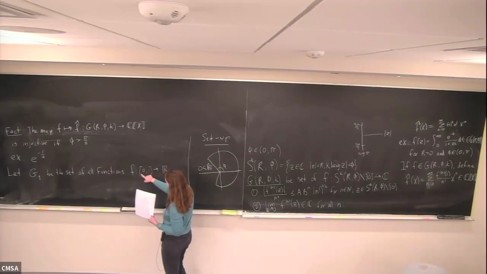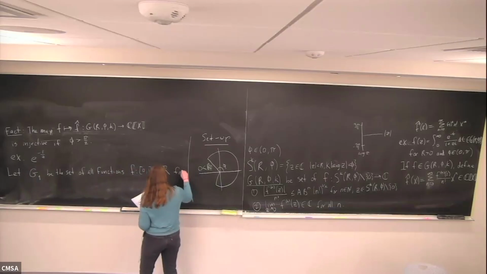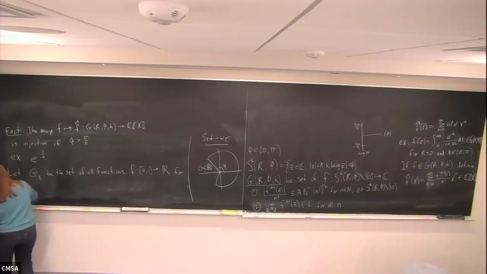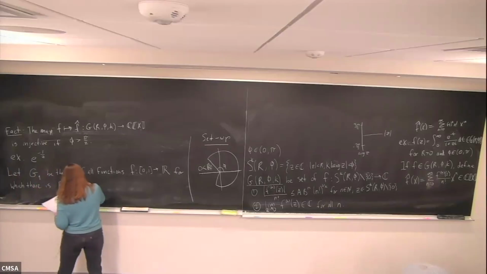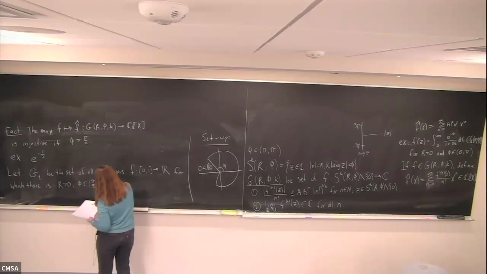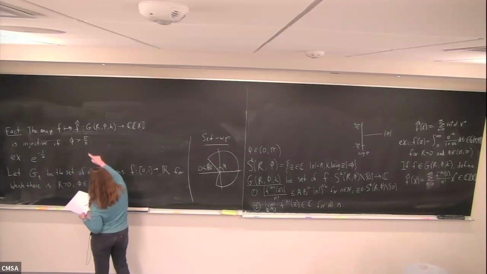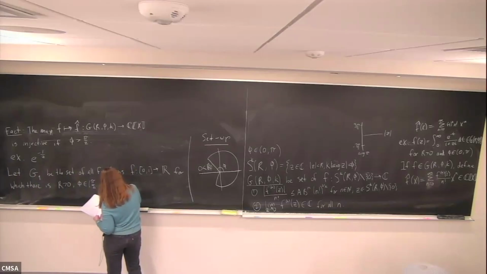So now I'm restricting to functions that are real valued on the real numbers, for which there is a radius, an angle between pi over 2 and pi, and finitely many k's.